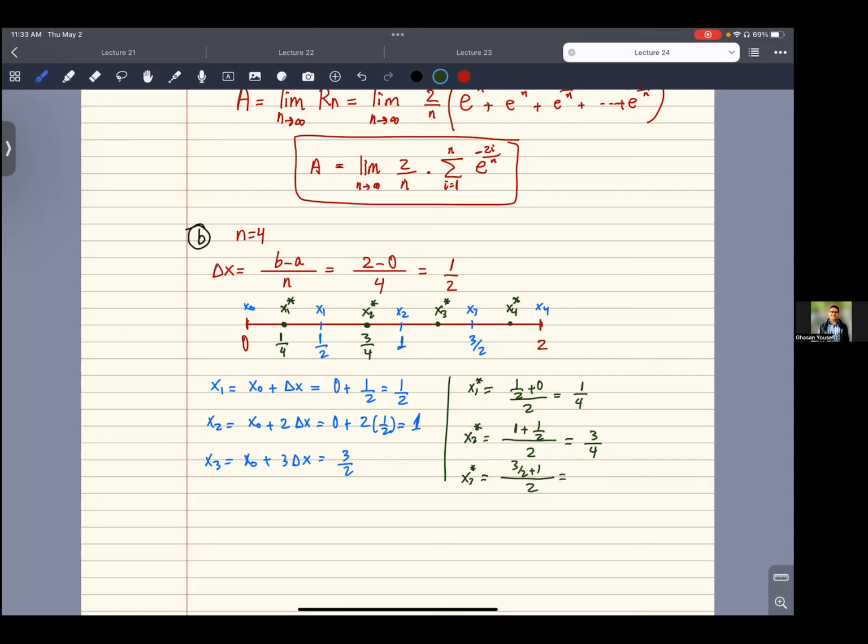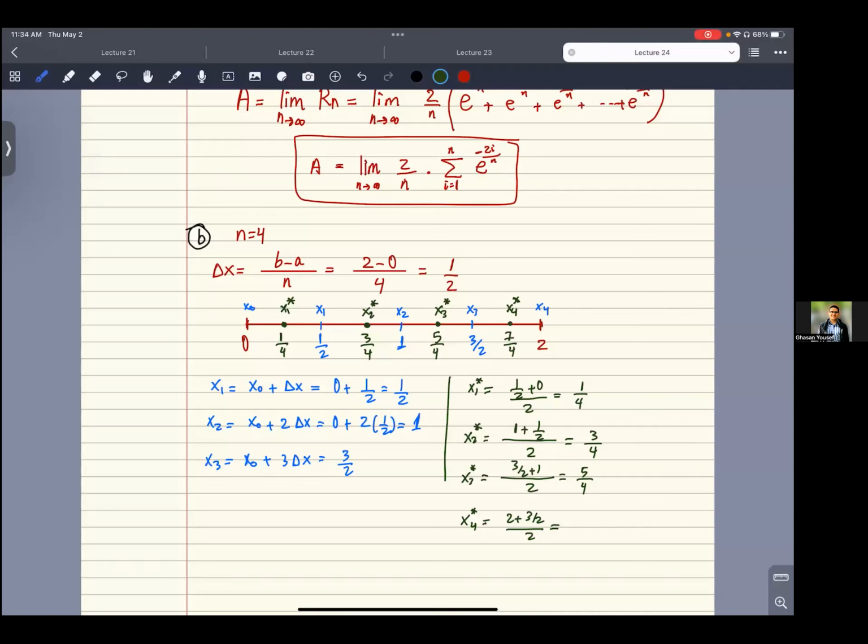And the answer is 5 over 4. Okay. x4 star is 2 plus 3 over 2, over 2, which is 7 over 4. Correct, 7 over 4.